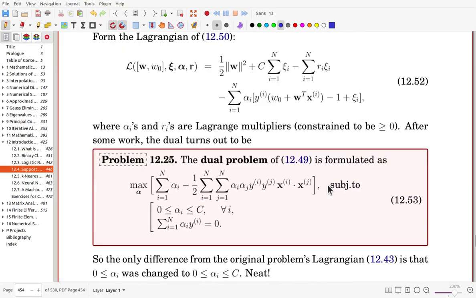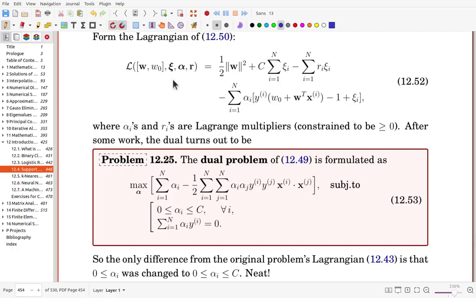Okay, now this is the Lagrangian. Again, the original problem, the primal problem, will be the same as the min-max of this Lagrangian, and its dual problem will be the max-min.